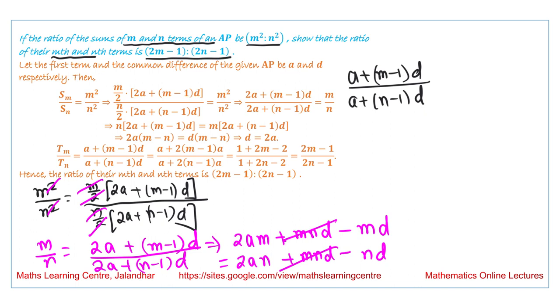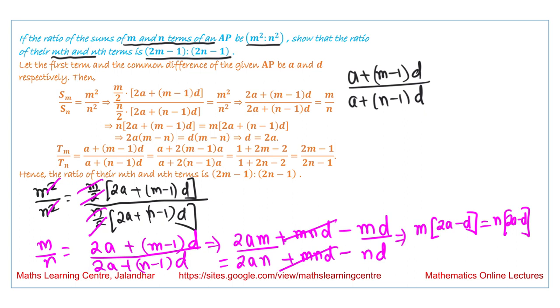These two terms get cancelled, and from this, taking m common from these two terms, we are left with 2a minus d, that is equal to, taking n common, we are left with 2a minus d.